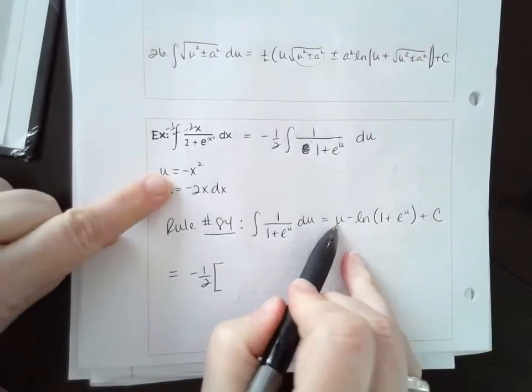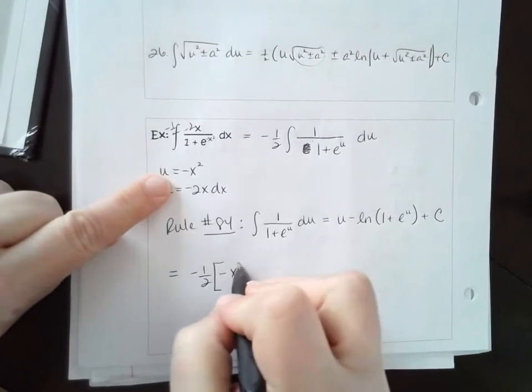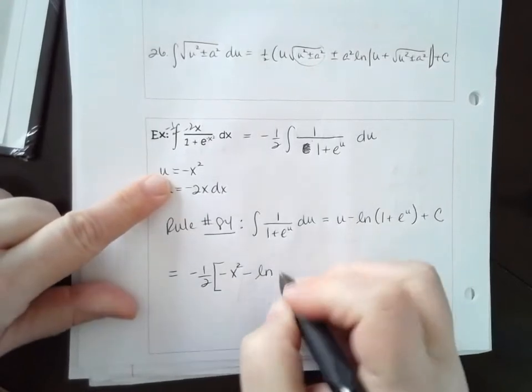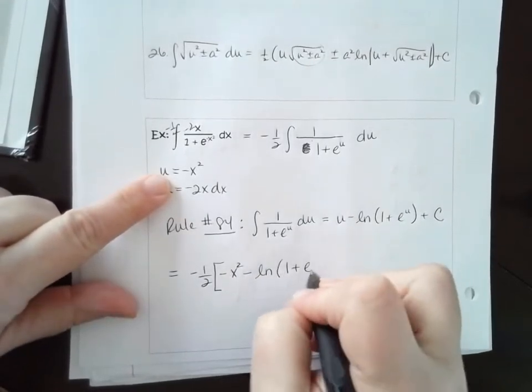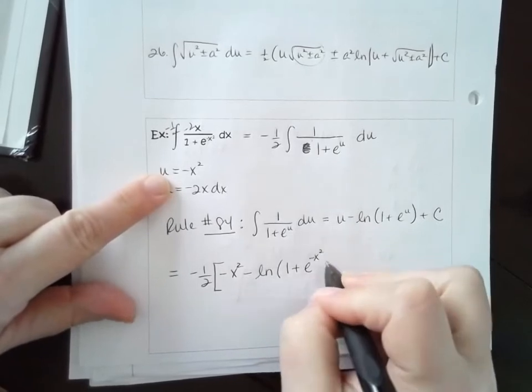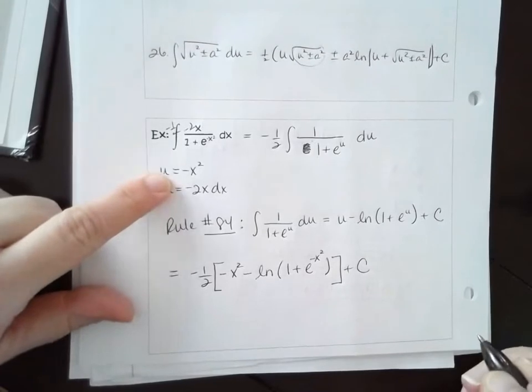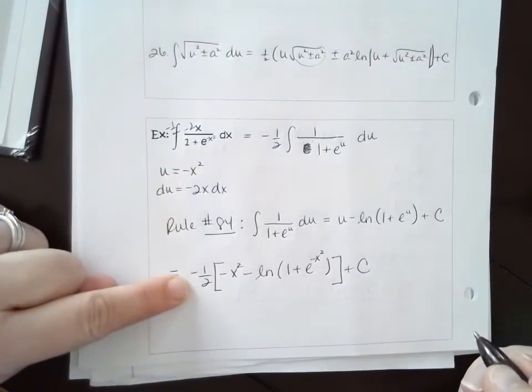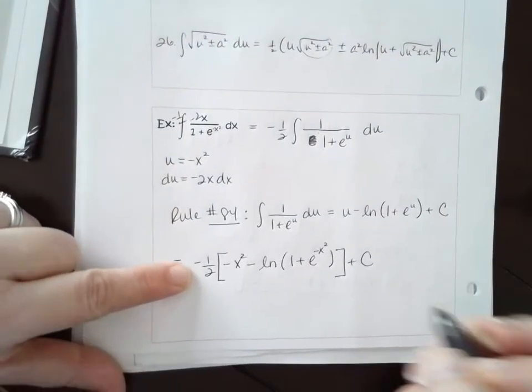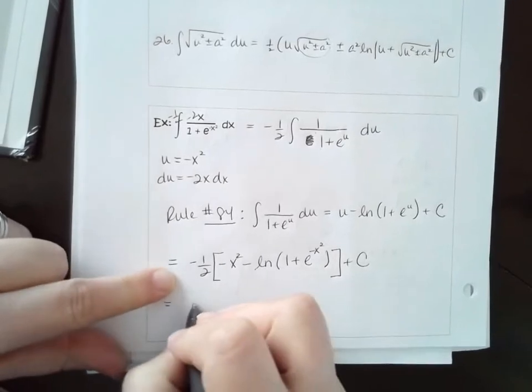U gets written first, minus the natural log of 1 plus e to the u, which is the original exponent, plus c. Now you can leave it alone if you don't want to distribute that negative 1/2, or you can distribute the negative 1/2. It's not going to hurt anybody.